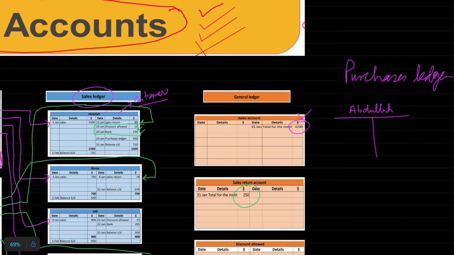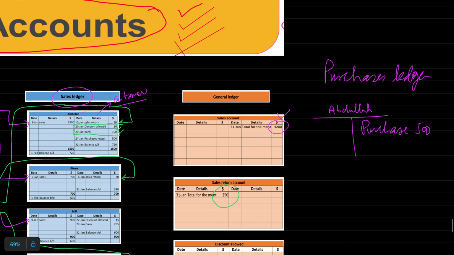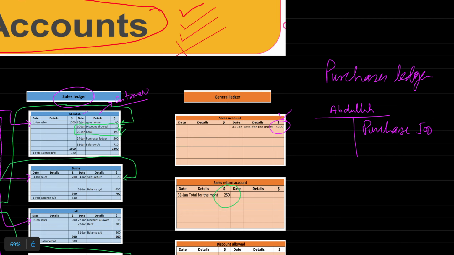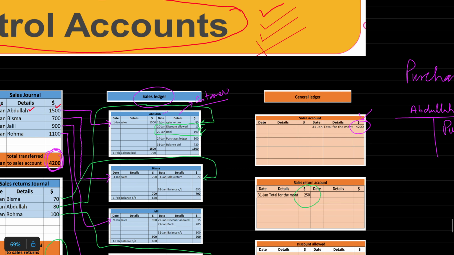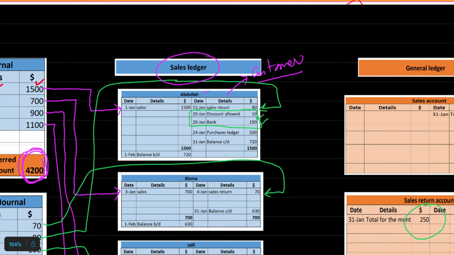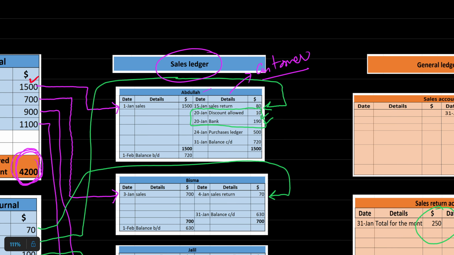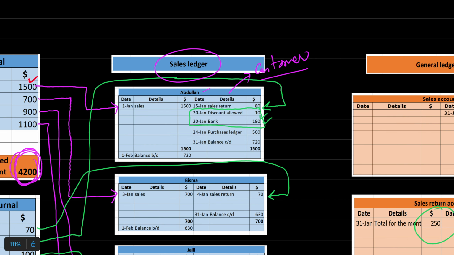as a supplier. Let us suppose we have already purchased goods from him worth 500. One account in the purchases ledger shows that 500 is payable to Abdullah, and another account of Abdullah in the sales ledger shows that some amount is receivable from Abdullah.